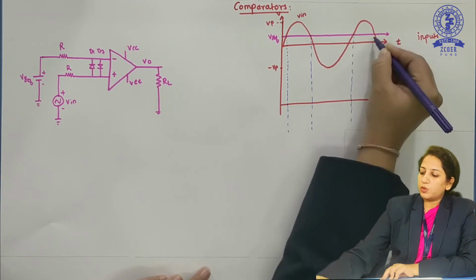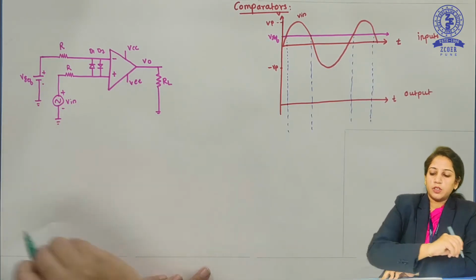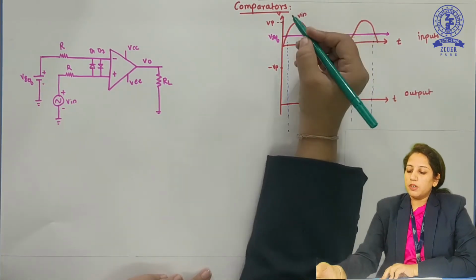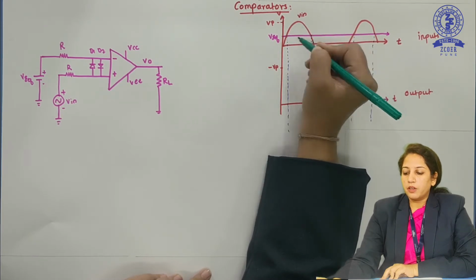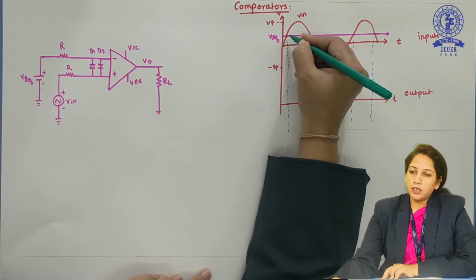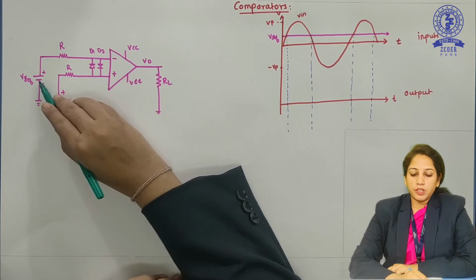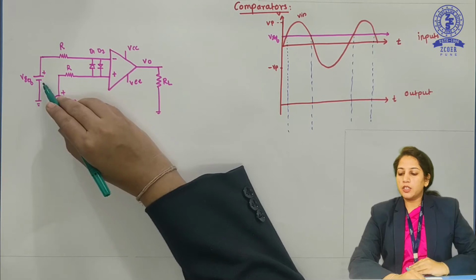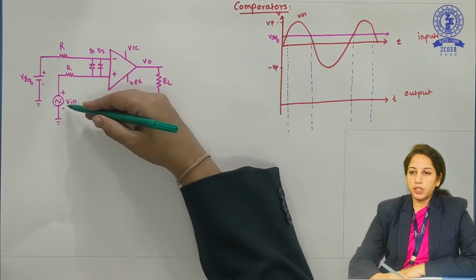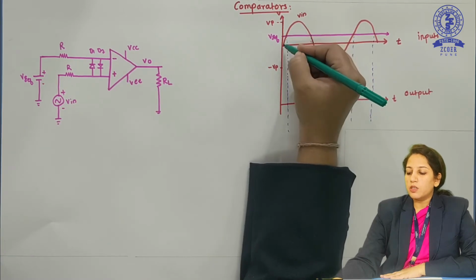Whenever this V in is crossing our reference voltage, now observe here, suppose my V in is gradually increasing. In this comparator I have also provided another voltage, that is a DC voltage, also called the V reference voltage, and this voltage is compared with my input signal. So this red is V in, and this pink is the V reference signal.